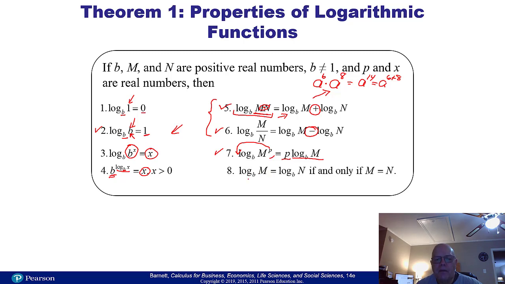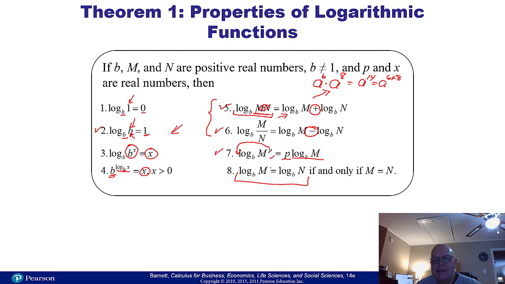Next. Here we've got two logarithms. But notice the logarithms are the same. What does that mean? Well, one more time, logarithms are exponents. So this says, what does b need as an exponent to give me an m? This says, what does b need as an exponent to give me n?